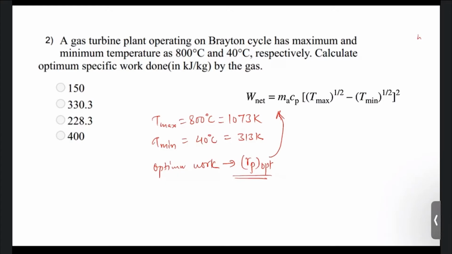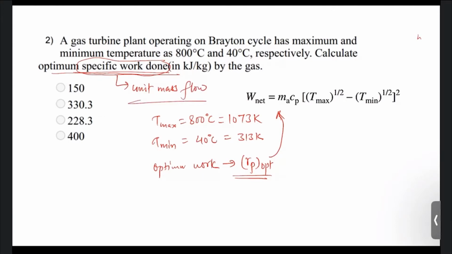Okay, this is the optimum work we achieve at the optimum pressure ratio. Now it is asked for optimum specific work done by the gas. So when it is asked as specific work done, that means the question is asked for unit mass flow.